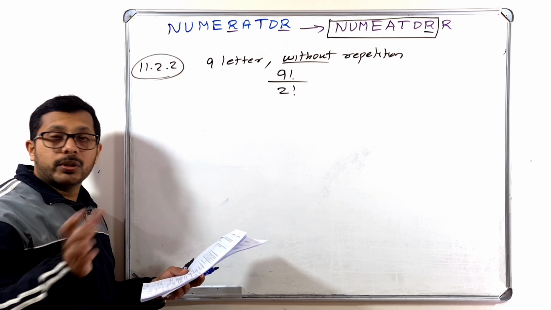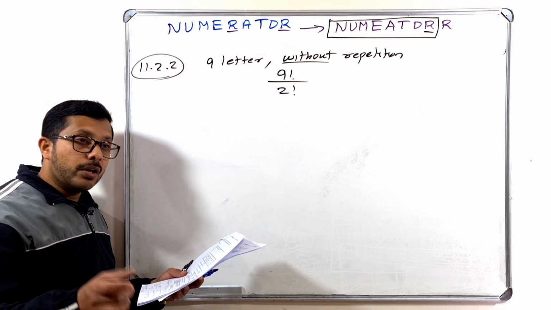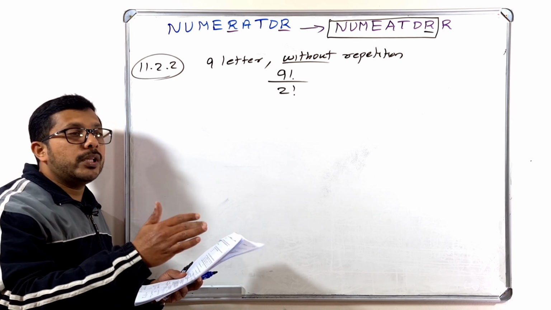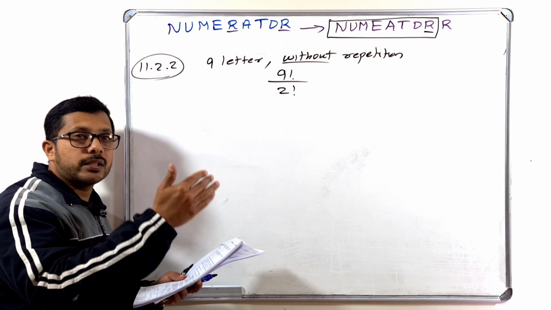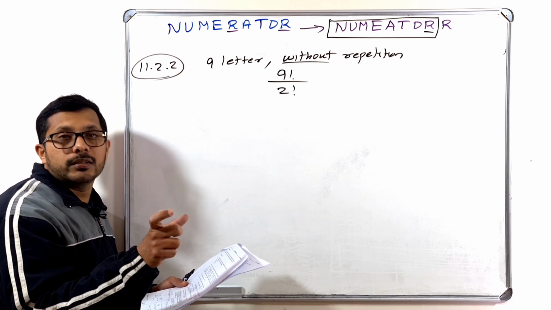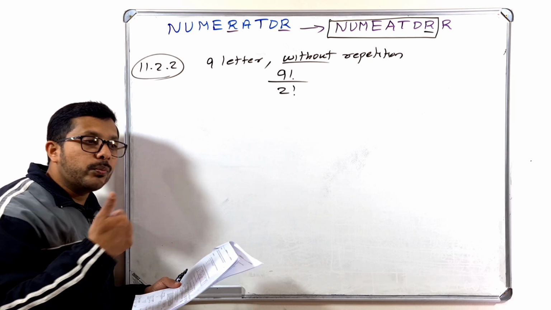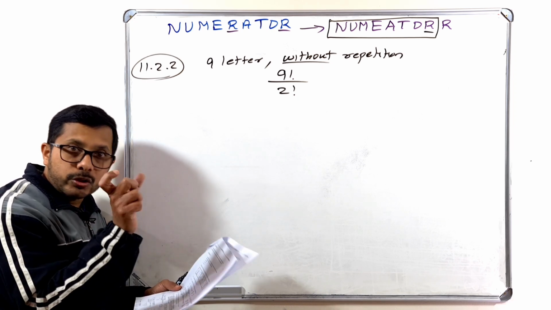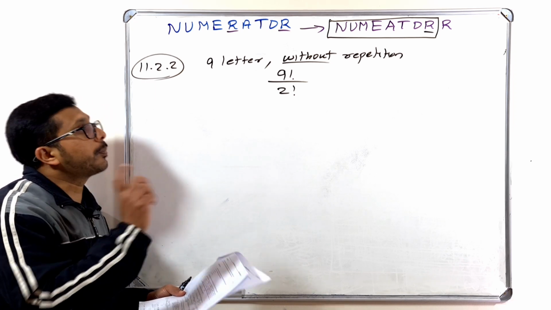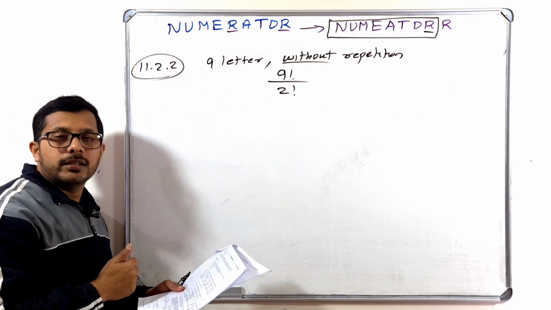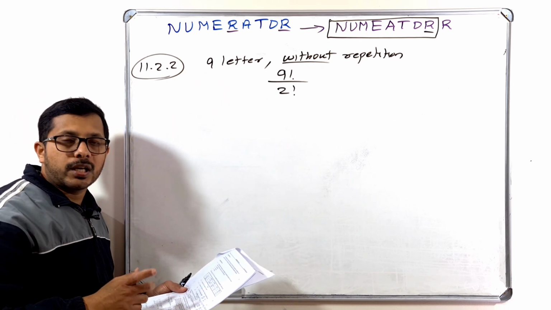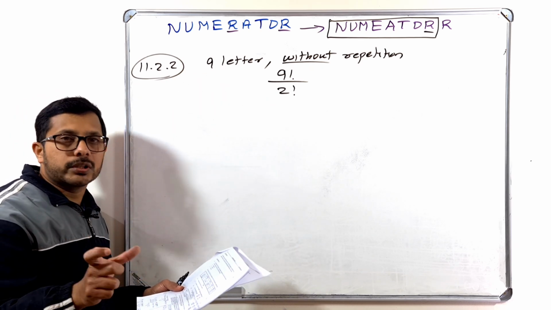When it says not together, first you have to find how many possibilities are there when they are together. That is easy to find. Then you subtract from the total, and you will get how many possibilities there are when they are not together.